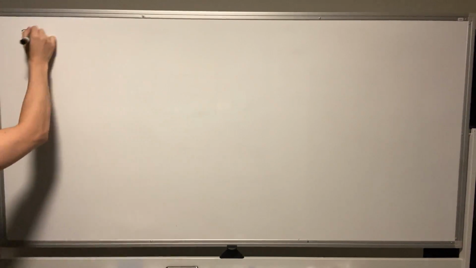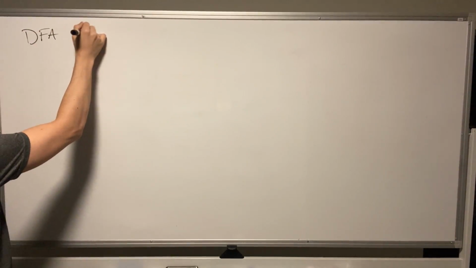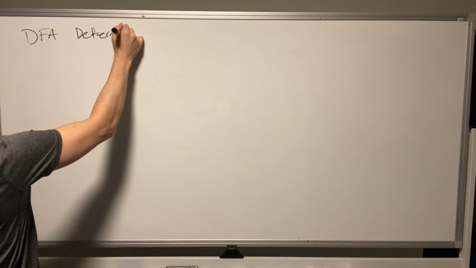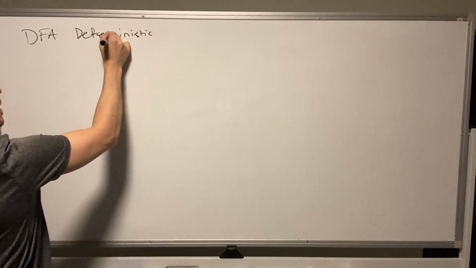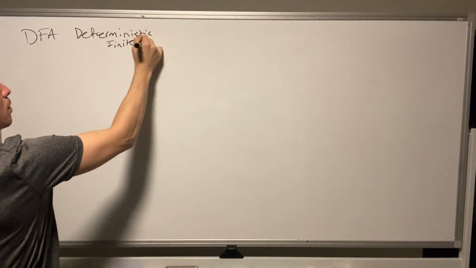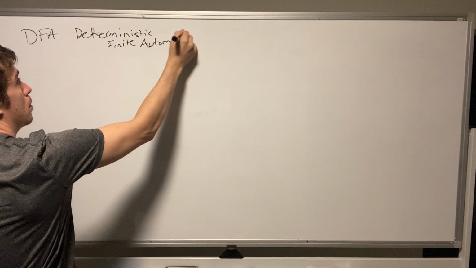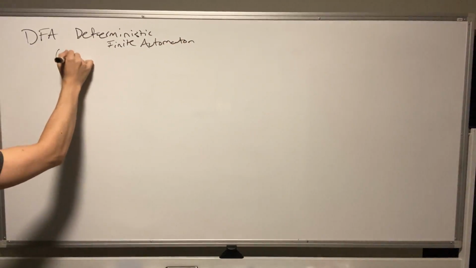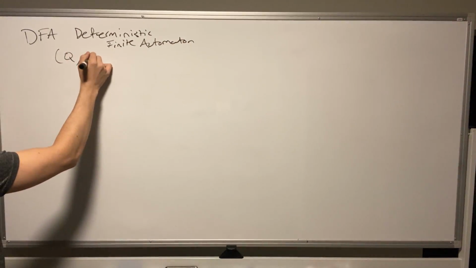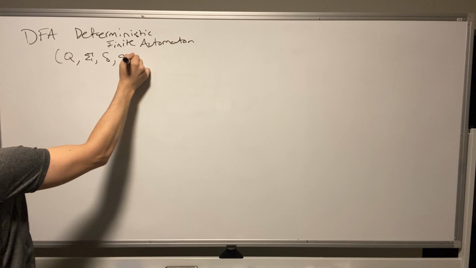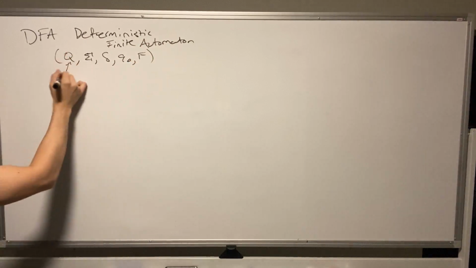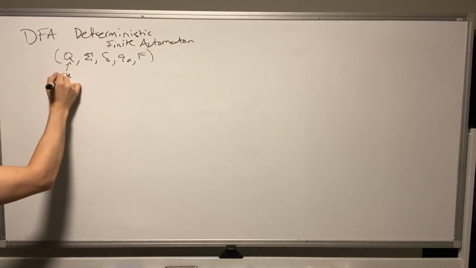Okay, so a DFA is a deterministic finite automaton. And that is a 5-tuple Q, sigma, delta, Q0, F, where Q is a finite set of states.